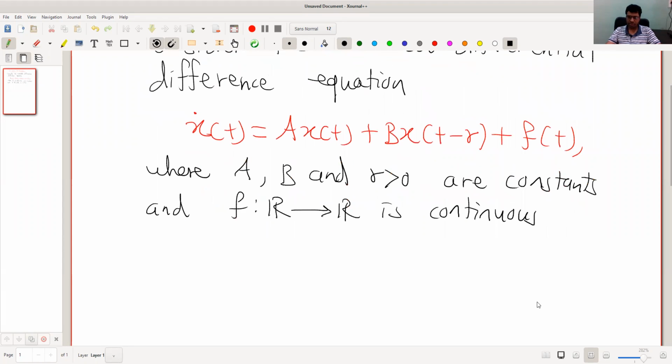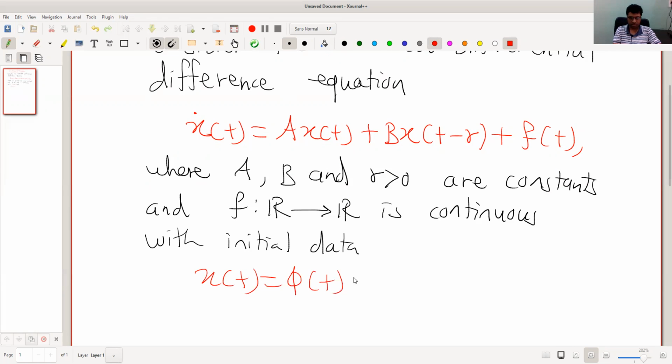So we consider this equation along with initial data, namely x of t equal to phi of t for t in the interval minus r to 0.